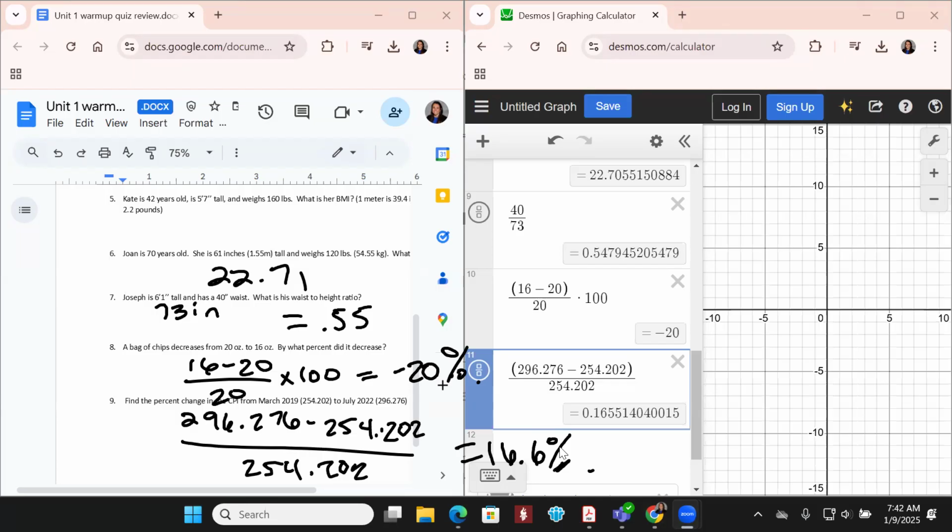And then 9, it was 16.6%. Are there any questions about 6, 7, 8, and 9? Repeat which part? 6 is 22.71. 7 is 0.55. 8 is negative 20%. And then 9 is 16.6.